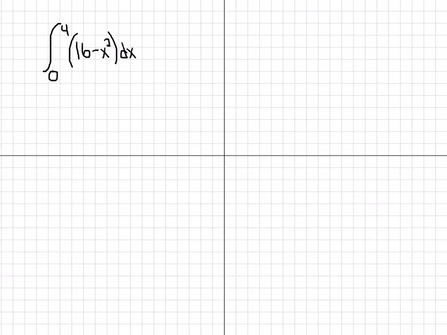So first of all, we could graph this. The y-intercept is 16. It's a parabola that goes downward. I just sketched it really quick. Each of these intervals represents 2. So the area that we're looking at is from 0 to 4, from here all the way over to here.